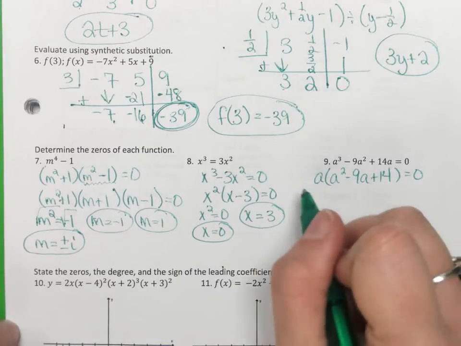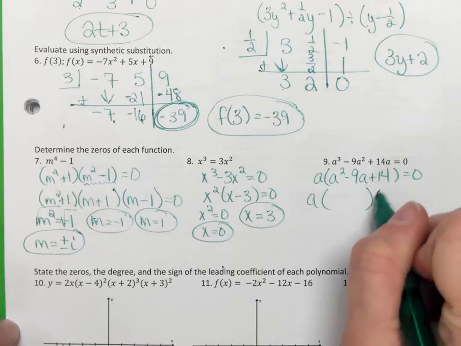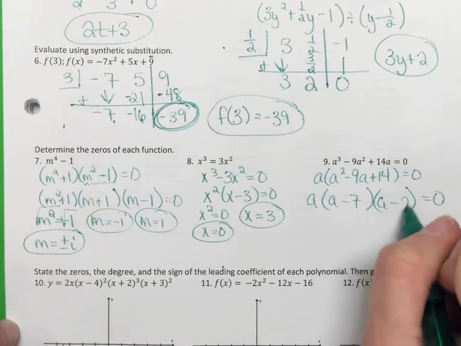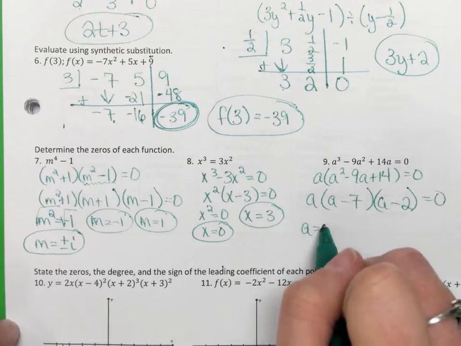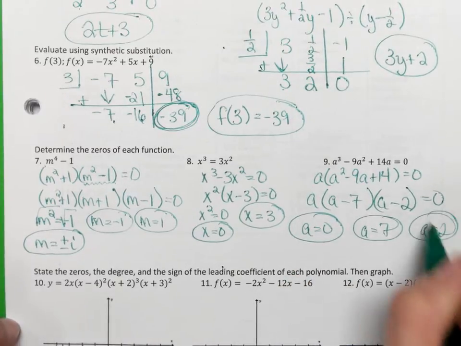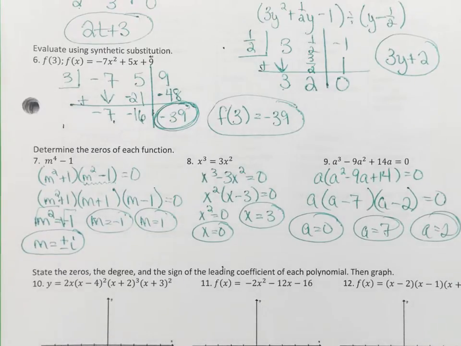Okay, what are the factors of 14 that add or subtract to be negative 9? Negative 7 and negative 2. Very good. So that means my answer is A equals 0, A equals 7, and A equals 2. Y'all okay with that? Alrighty, what about number 10?